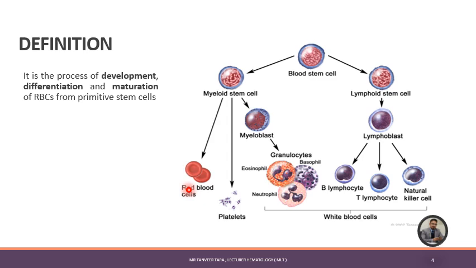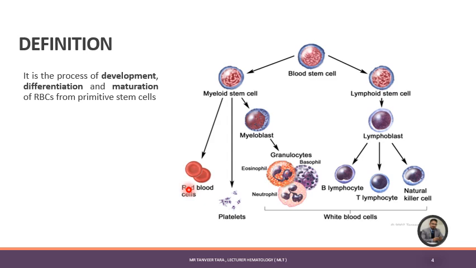They are commonly referred to as maturational divisions, and each successive division yields a smaller cell in which the nucleus becomes progressively smaller and more compact, and even becomes pyknotic, until it is extruded from the cell in the final stage, that is the orthochromatophilic stage. We are going to discuss it.